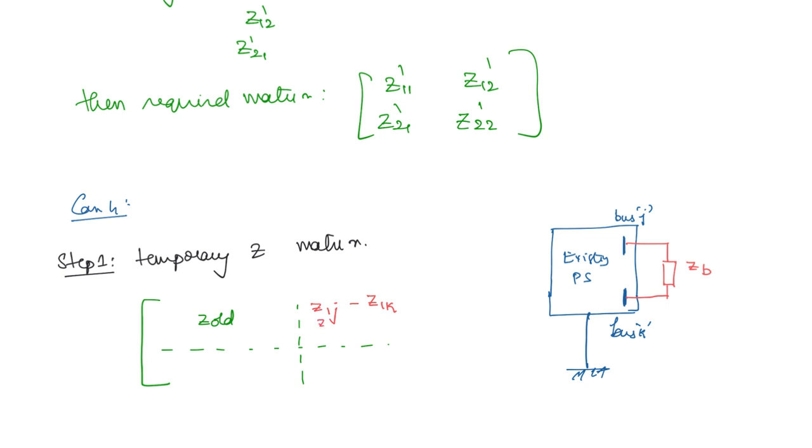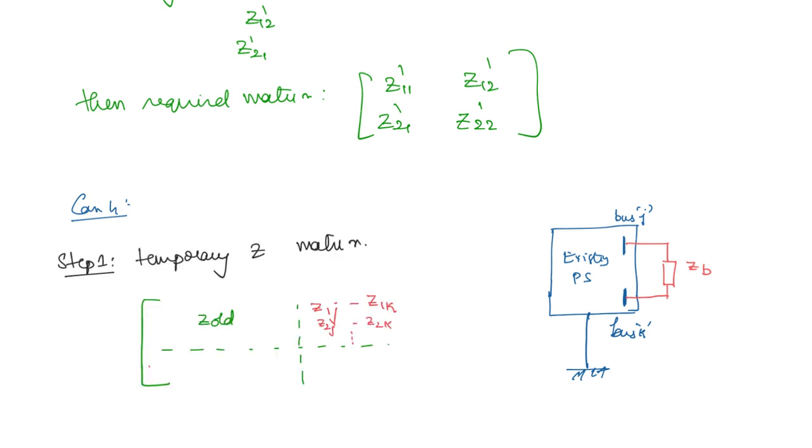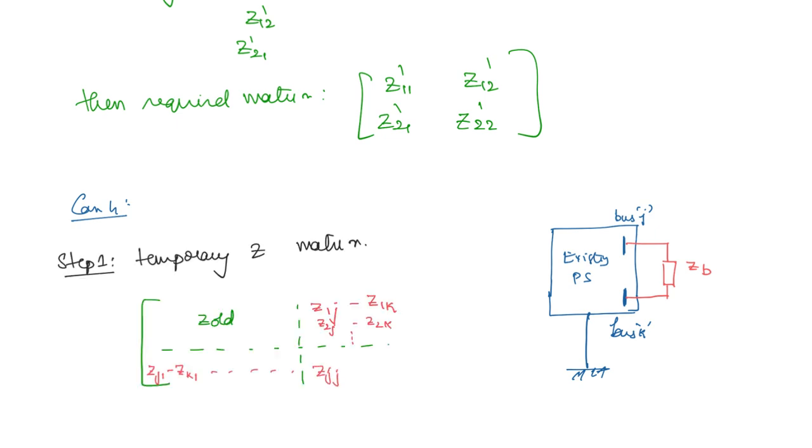And Z2j minus Z2k, so on, like that. Similarly in the rows you are going to have Zj1 minus Zk1 and so on, Zj2 minus Zk2 and so on. These are the elements, and the diagonal element is going to be Zjj plus Zkk minus 2Zjk plus Zb.